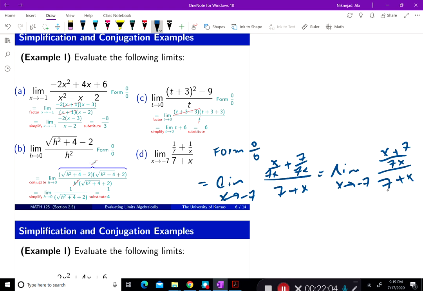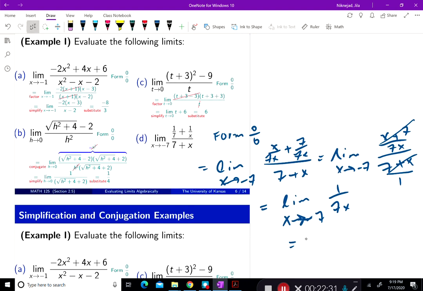Remember that 7 plus x is 7 plus x over 1, and so you can simplify the numerator of that one over the numerator of the denominator, and you end up with the limit of 1 over 7x. Now plug in as x approaches negative 7. If you plug in, you get negative 1 over 49, and so the direct substitution works.